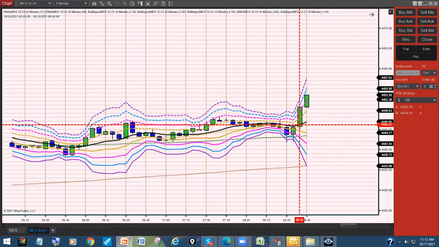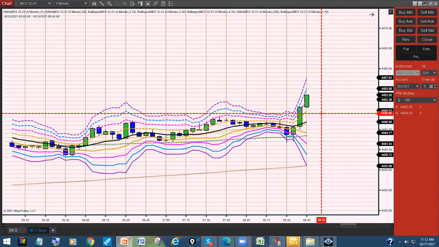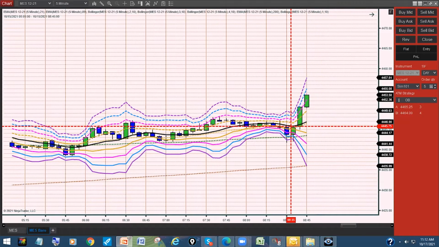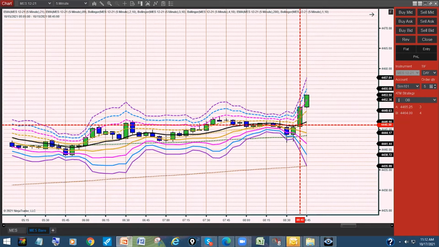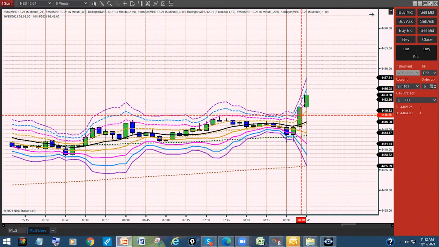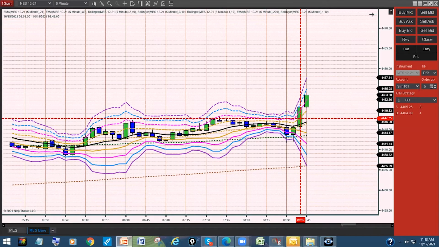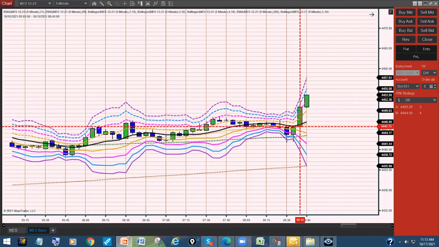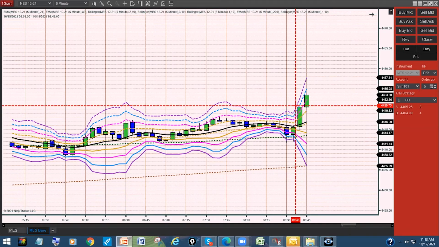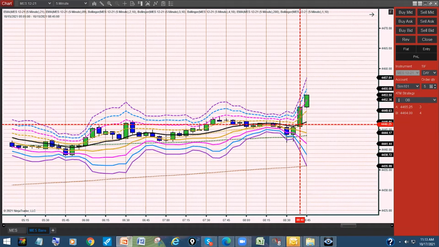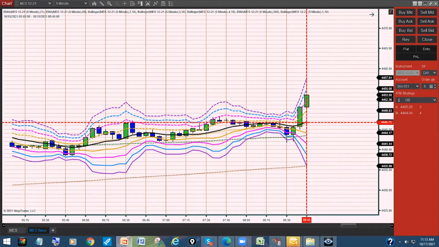That variation and how the standard deviation is calculated is it takes the difference between this average and all this price action and does some mathematical squaring, adding, and then dividing. And so the further you are away from the center line, the bigger the sigma becomes. And as the sigma gets bigger, it starts moving faster than the average moves.